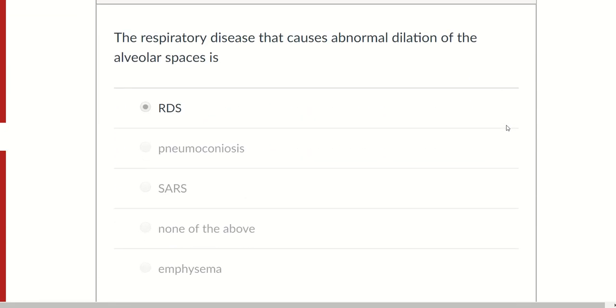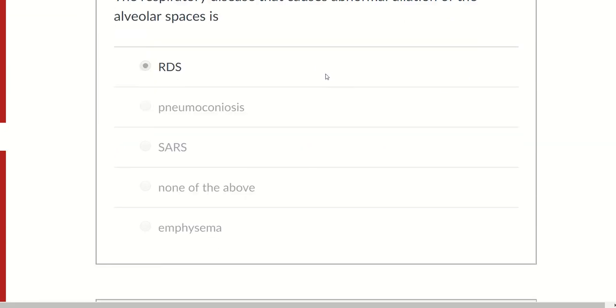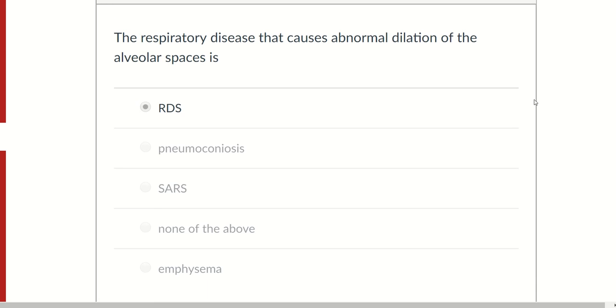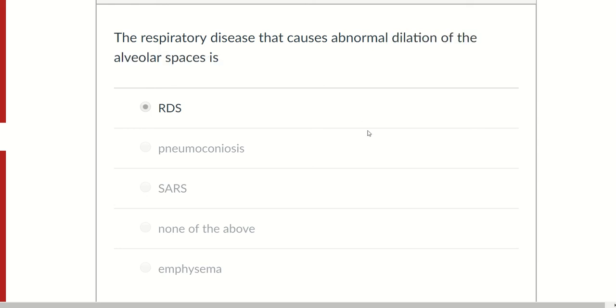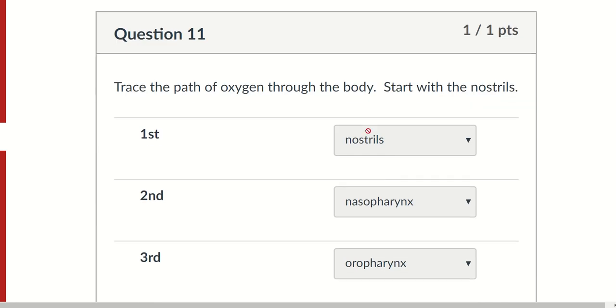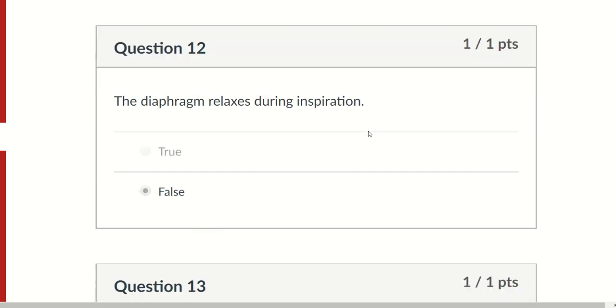All right. Dilation of alveolar sac. Which ones damage the alveolar sac? So we know this is DUS. Is it SARS or emphysema? So at least 50-50. Just look those 2 terms up. And which one deals with dilation of alveolar spaces? 11 we got. 12.